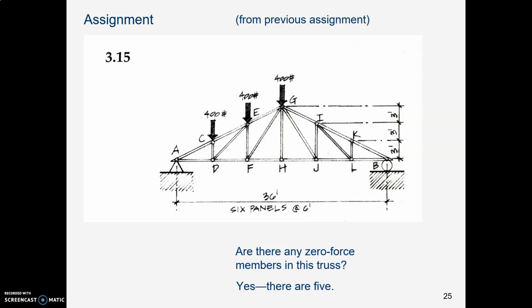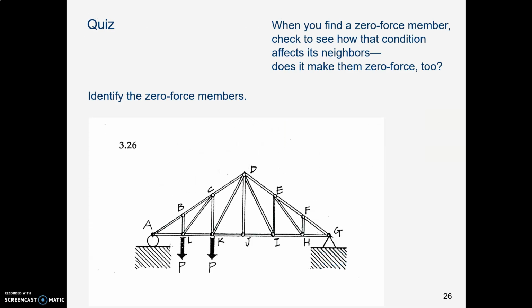Then we have a quiz coming up here, a zero force member quiz with a couple of trusses in it, and all you need to do in this quiz is just figure out which of these bars is a zero force member. So you're going to look and see, do you spot anything in here where there's a joint with only 3 forces and 2 of them are in a line?